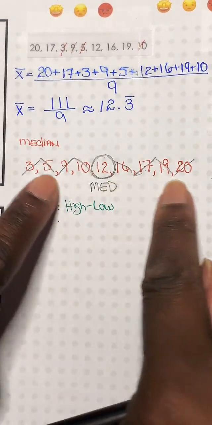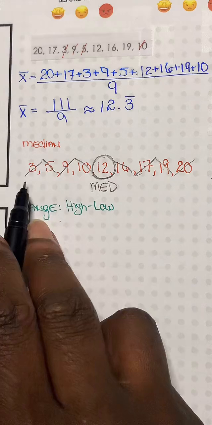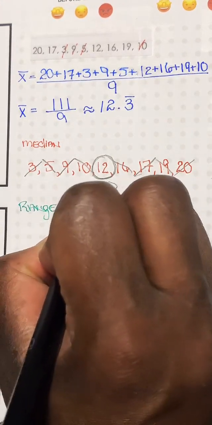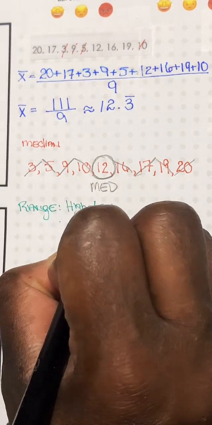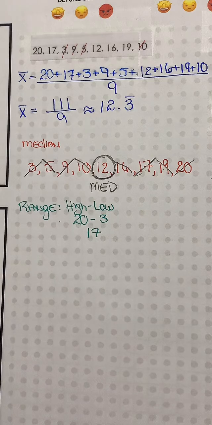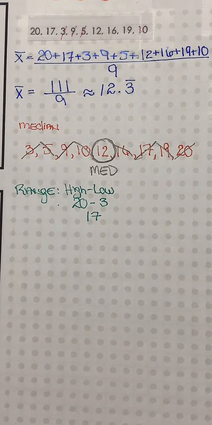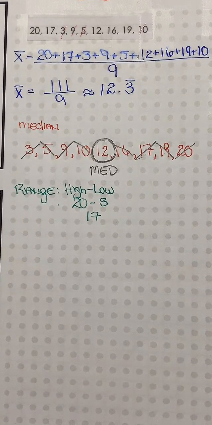Range deals with variation, okay? How far apart they are. So we're looking at my high, which is 20, minus my lowest number, which is 3. So my range will be 17. Okay, see? I told you, For Your Eyes Only. And sometimes we just have to spark that memory a little bit.